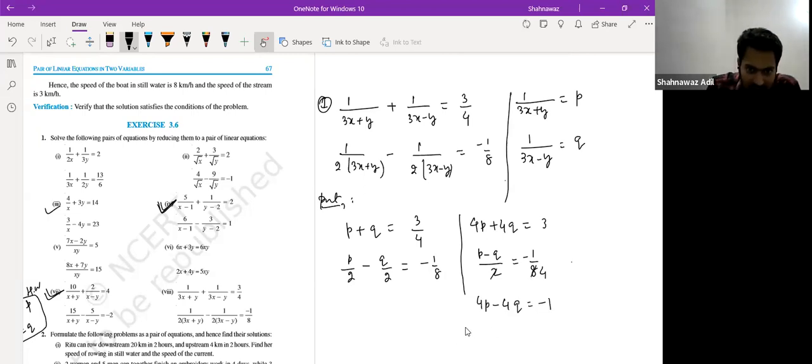Okay, so this simplifies directly, right? So we should add or subtract. Anything we do, that would give the answer, right? So let's add. So this is 8p and this is how much? 2. Right, so this is 4, this is 1, so p is 1 by 4.